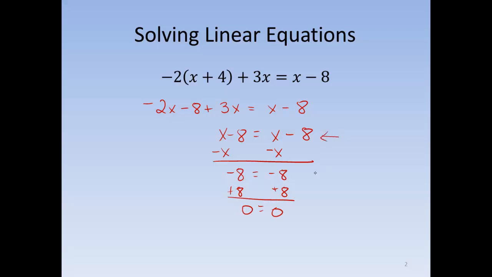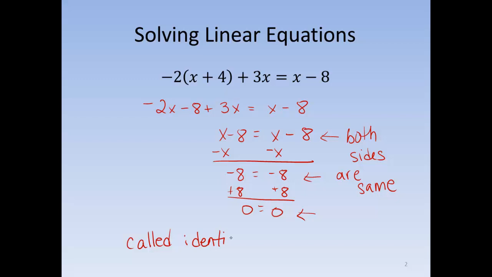So all three of these places have something strange going on. Both sides are identical. And any time you run into a situation where both sides are the same, we call that an identity.